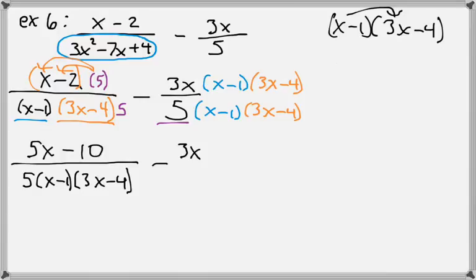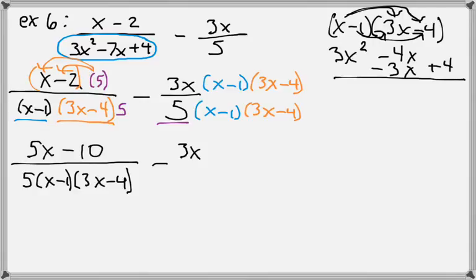And x times a 3x gives us a 3x squared. And x times a negative 4 gives us a negative 4x. A negative 1 times the 3x is a negative 3x. Negative 1 times negative 4 is a positive 4, leaving us with a 3x squared minus 7x plus 4.